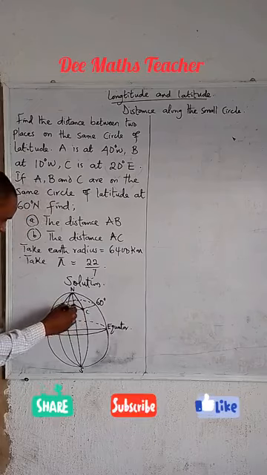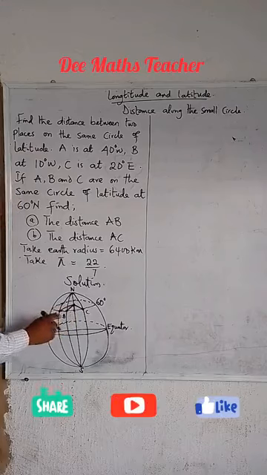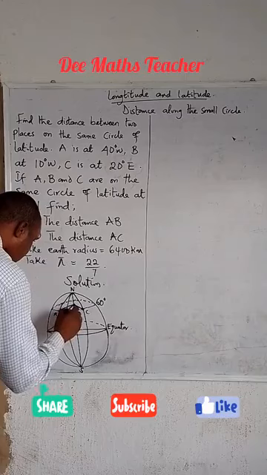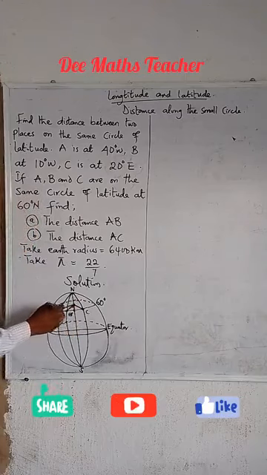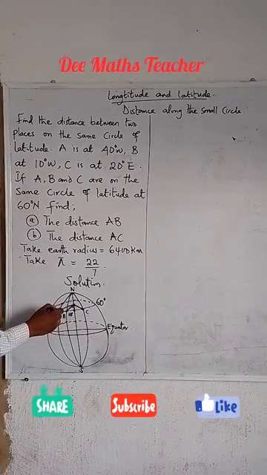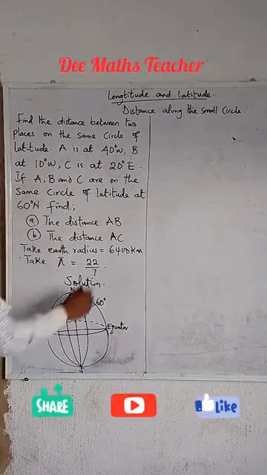That means from this center, which is O, to this point B, is given as 10 degrees. So this angle here is 10 degrees. Then from O to this point A, the angle is given as 40 degrees.